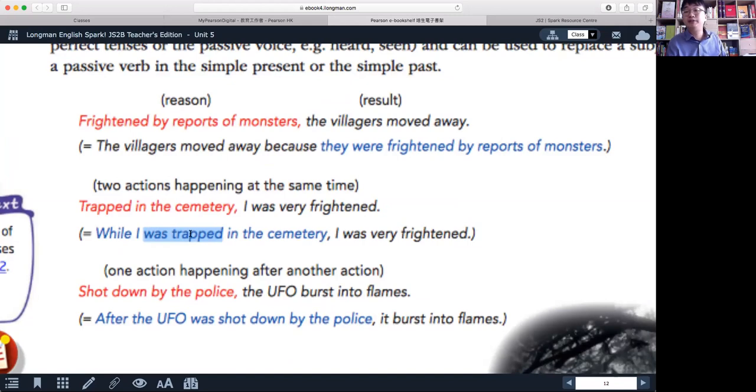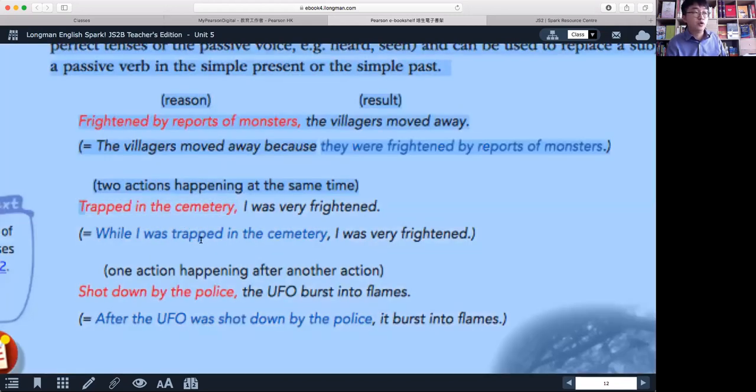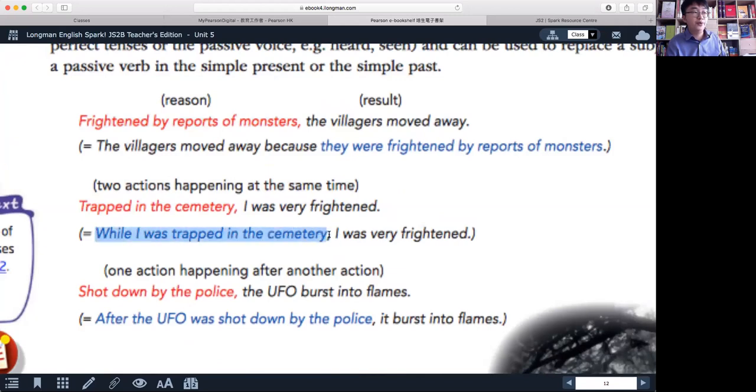So this is passive voice again. So here, we change this part in blue to this clause. We don't need the subject, which is I. We delete it. Trapped in the cemetery, comma, I was very frightened.